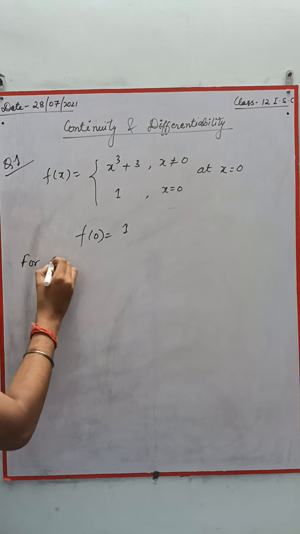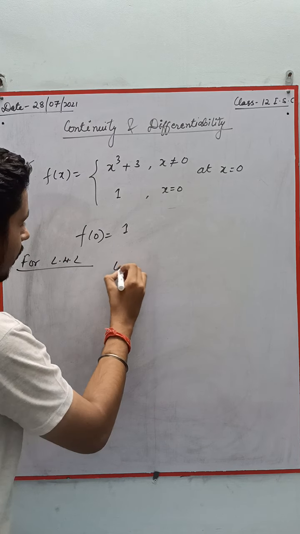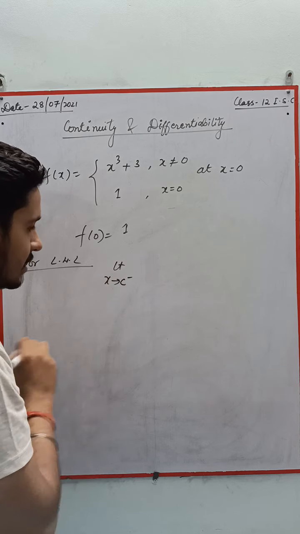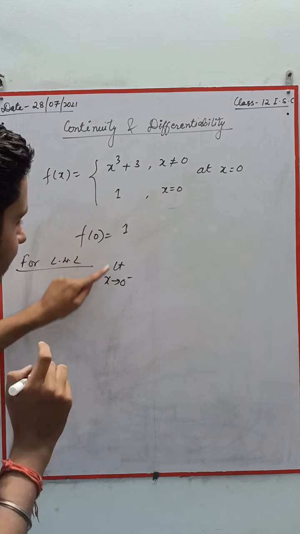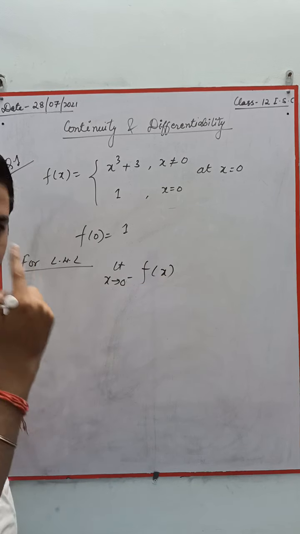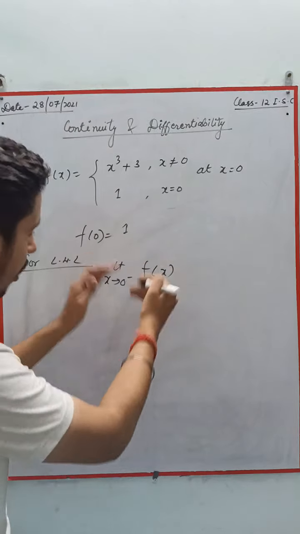Now for LHL, the left-hand limit, we know it is limit x tends to c minus. In place of c we have 0, so we write limit x tends to 0 minus of f(x).